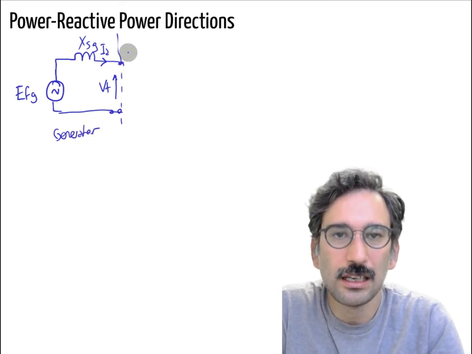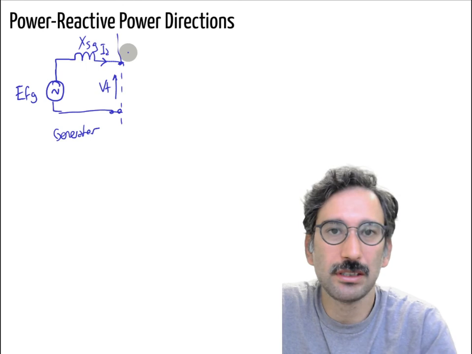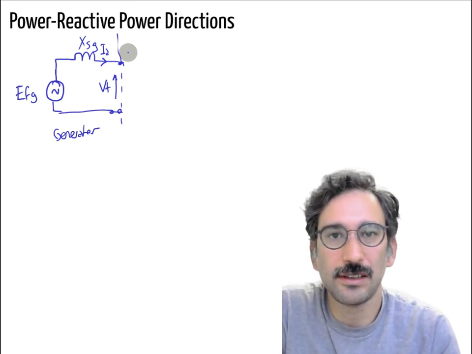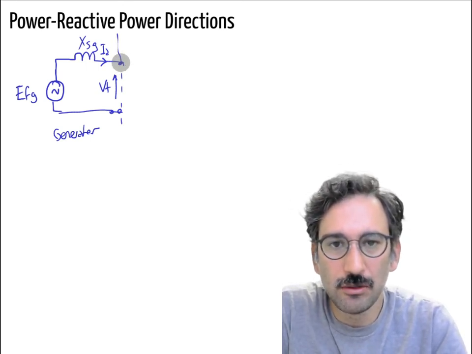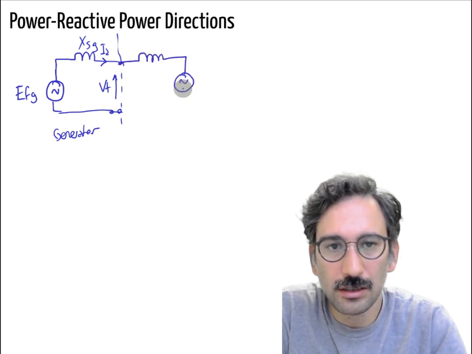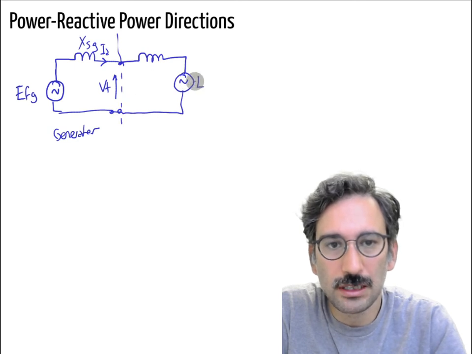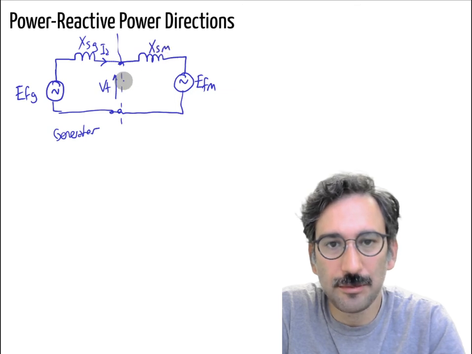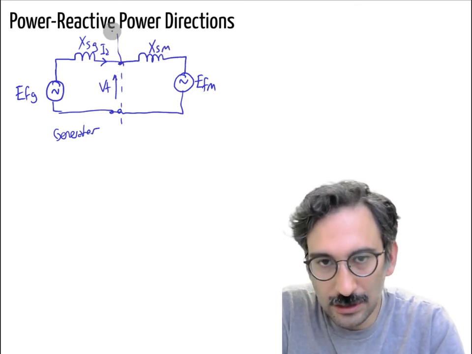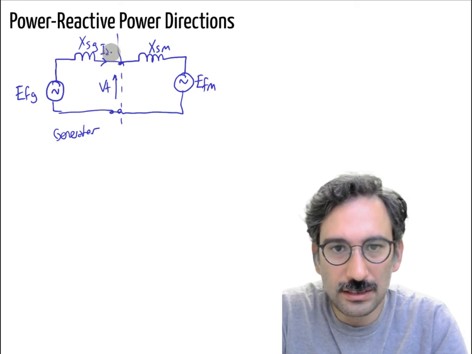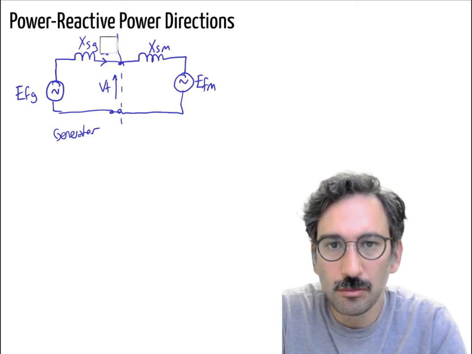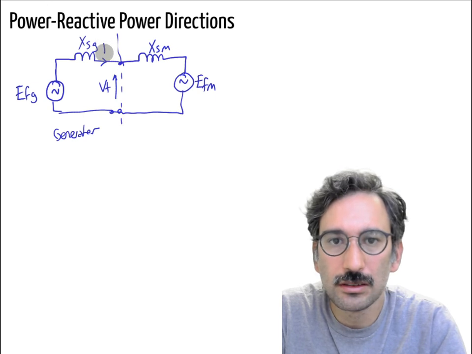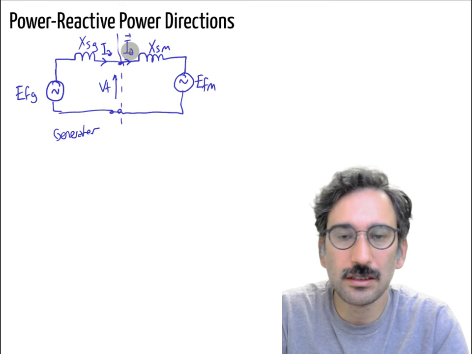So then I have the identical machine, same parameters, but one of them is working as a generator and the other one is working as a motor, right? So let me draw it here. So it becomes EF motor, and let's say this is XSM. So this is the VT, the same terminal voltage for both the generator and the motor, and obviously the same current gets into these ones.